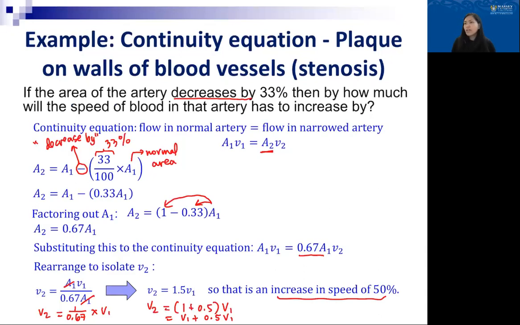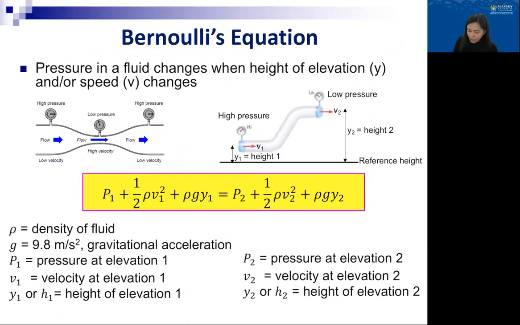Yep, good. Okay. All right, so the continuity equation tells us, so this figure here, the figure on the left, it's essentially just the continuity principle. So we've seen that if the area changes, then the velocity or the speed of the fluid changes.